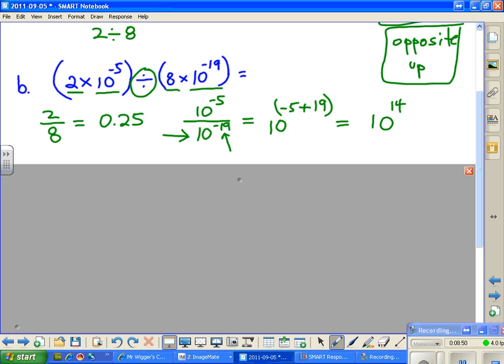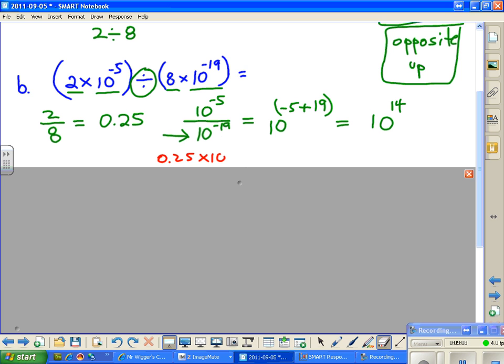Okay, now we get to put our numbers together. So we have our 0.25. I'm going to make that a different color for you. 0.25. And we're going to multiply the power of 10, just like we did with the multiplication thing in the last problem. So we have 10 to the 14.